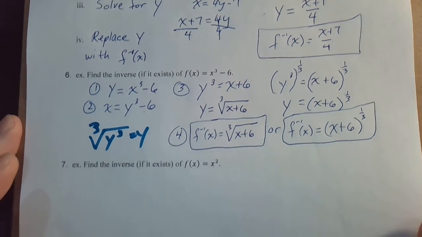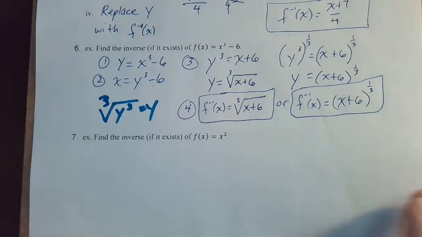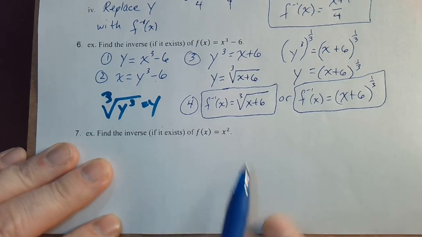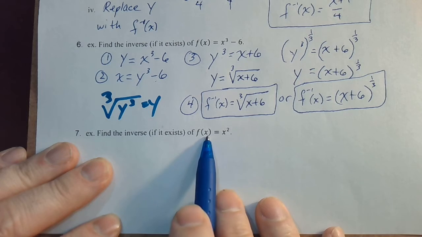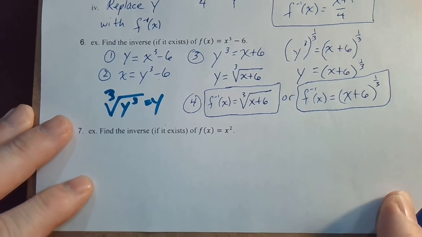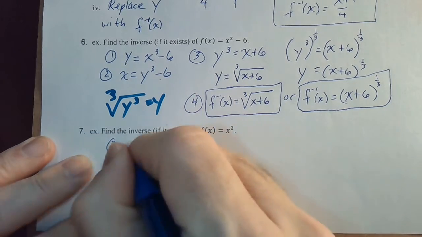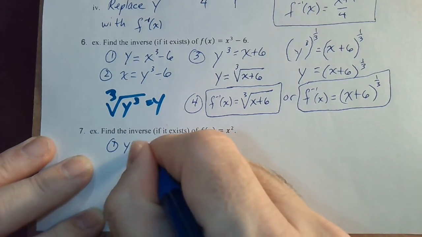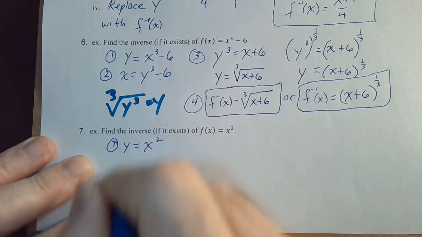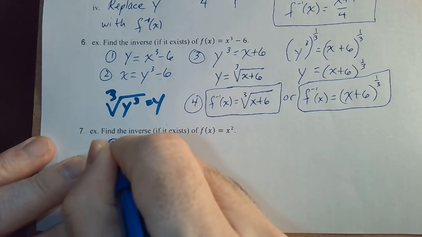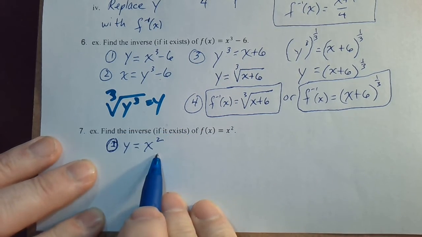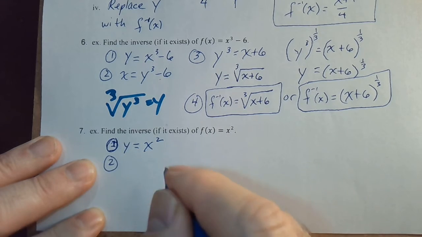All right, one more in this video. Find the inverse, if it exists, of, this one looks simple, f of x equals x squared. Step 1, replace f of x with y. So y equals x squared. Step 2, interchange them.